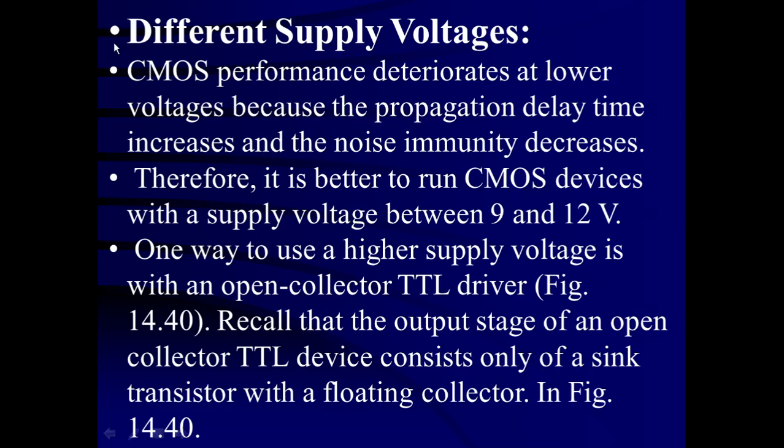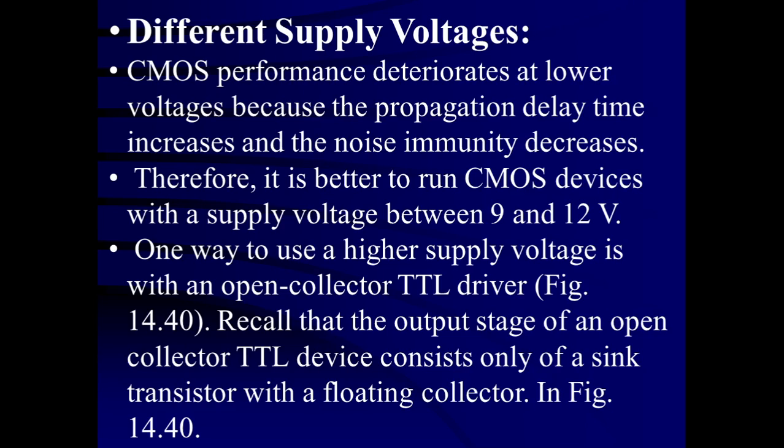Now, when the CMOS is operating at 5 volt, it has a longer propagation delay time and its noise immunity is decreased. So it will lose the advantage of the CMOS. That means the propagation delay time is going to be increased and the speed of operation is going to be reduced.